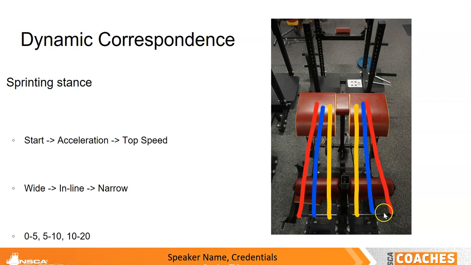If you remember, the red line is a strength phase. With these two red lines, you can see the athlete's angle of their legs will be wider. Then you move them in 3-4 inches maybe each side, and this would be the power phase. So the loading of the power phase is roughly 55 to 80%.